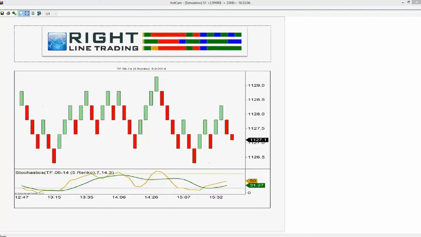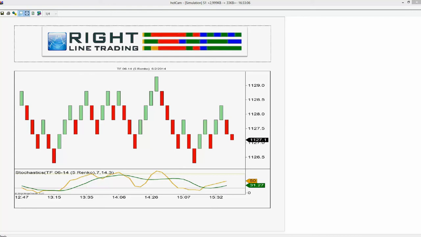But if you look at a Renko chart, you can see that you have a high and a low of every move, but you don't have the open or the close of the bar. Therefore, the stochastic line, the yellow line, cannot trace out appropriately. So this system is flawed from the start, and cannot possibly provide you with any useful information.